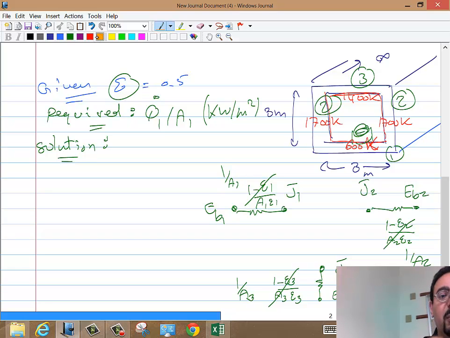And what's between them? What's between J1 and J2? A resistance equal to, what is the resistance between J1 and J2? Does anyone remember? The geometry resistance. 1 over area 1 F12, or I can write it 1 over area 2 F21.